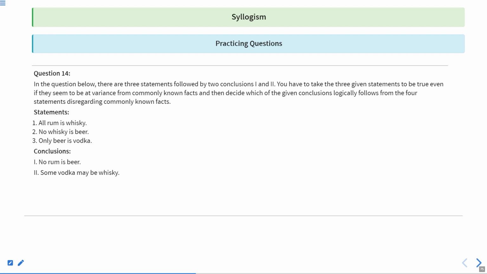But from our past experience, what we have gathered is that many times it is the Venn diagram which is very handy and very efficient in solving the syllogism portion. So we will be sticking to it and we will try to solve the questions based on Venn diagram.